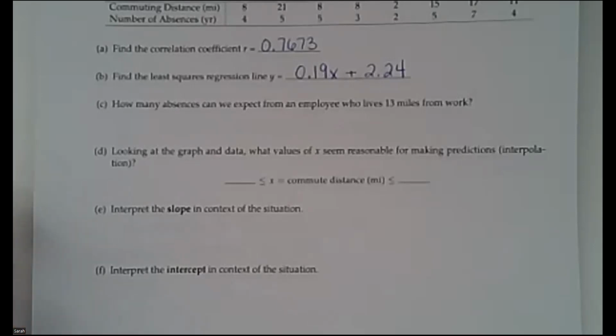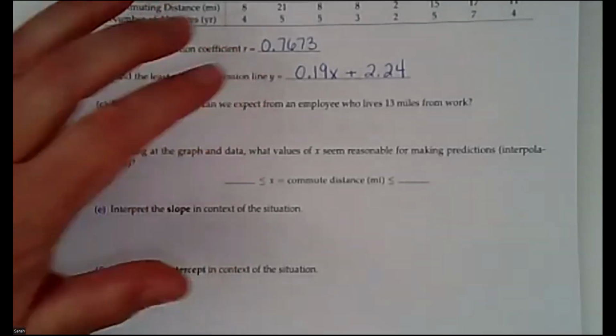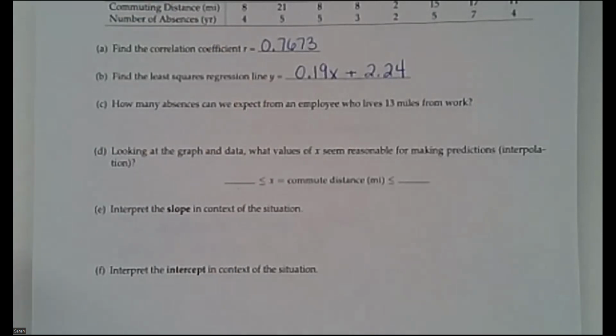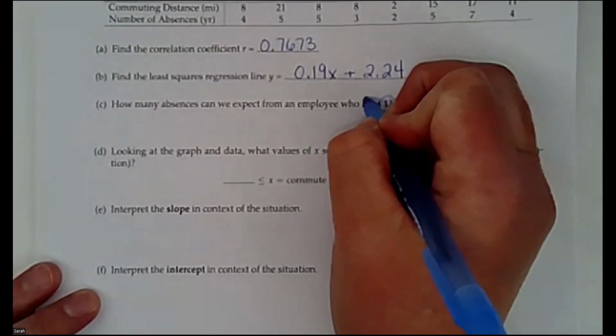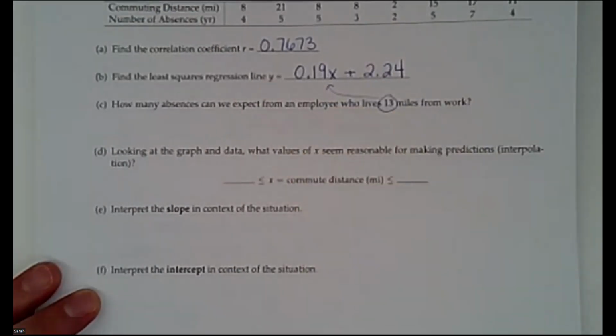Okay, here are our notes, and you can see that I've brought over our numbers from when we were in Desmos. Our next question here is a prediction question. It says, how many absences can we expect from an employee who lives 13 miles from work? So what they're asking us to do is to take this 13 and substitute it in for x.